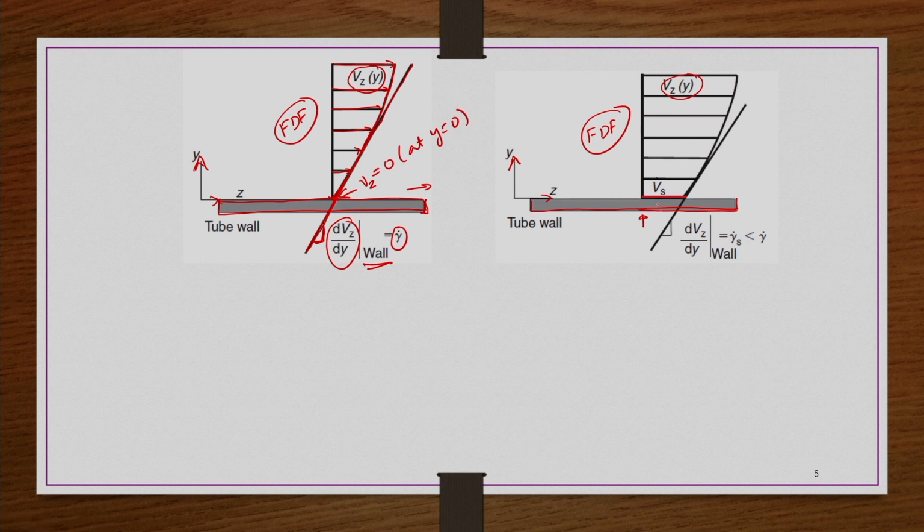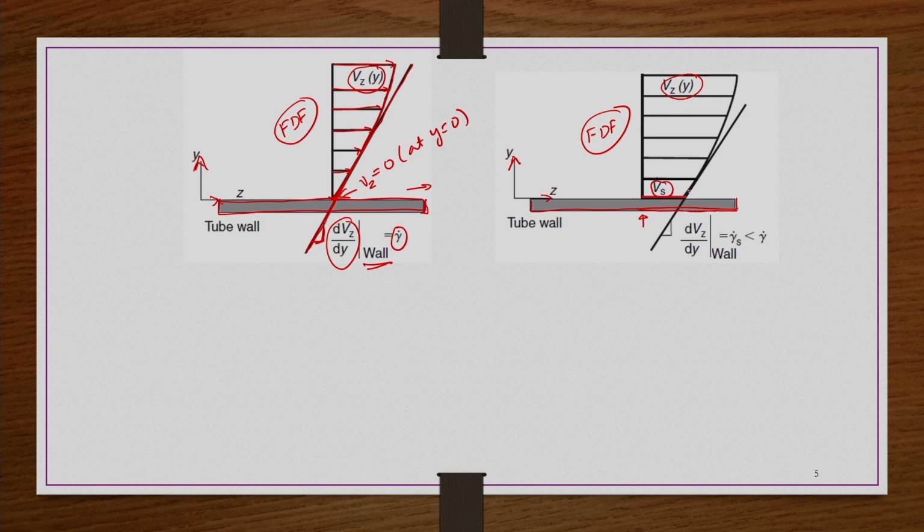But now here, because of the depletion of fluid layer at the wall, especially in the case of non-Newtonian concentrated suspensions, the velocity of the fluid layer at the wall would certainly have a larger value, it will not be 0. So, that value we are now calling Vs.